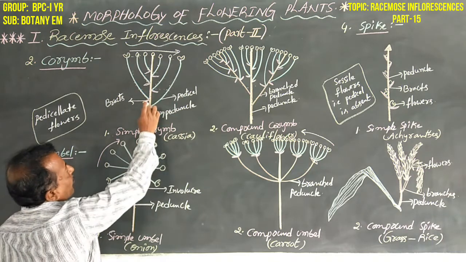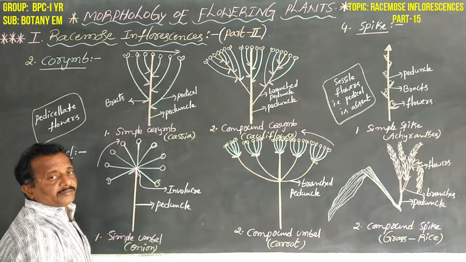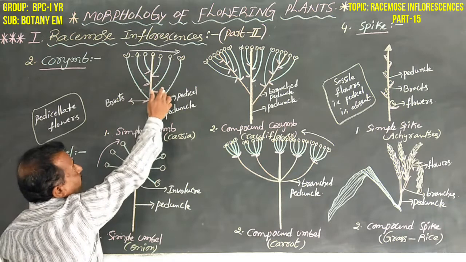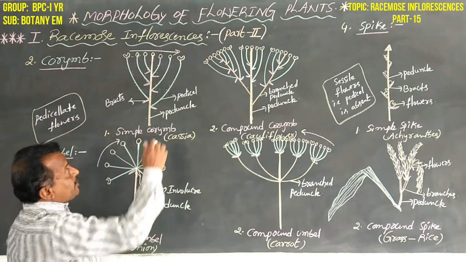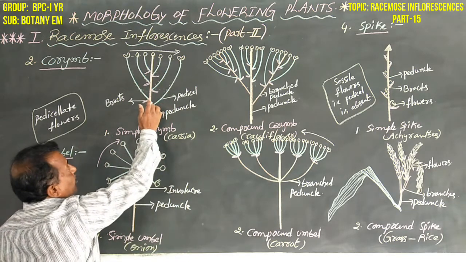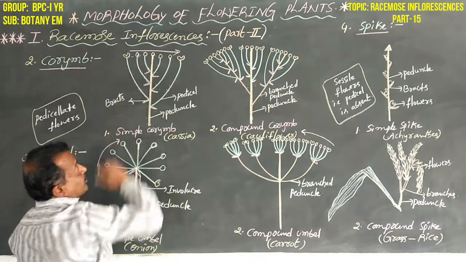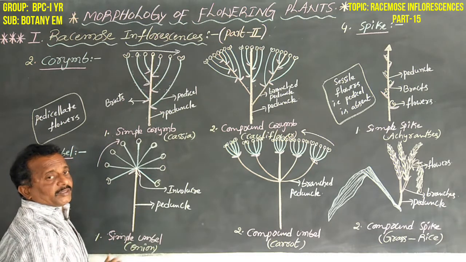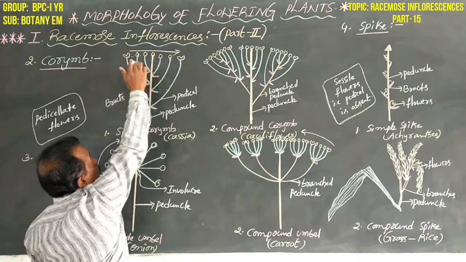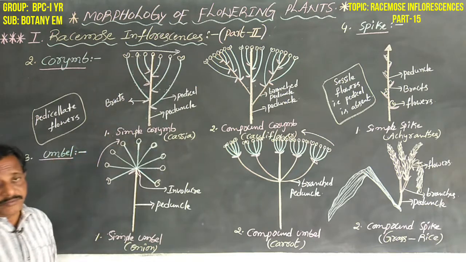In simple corymb, the peduncle is unbranched and pedicels of different lengths are present. These pedicels are produced at different nodes, but all the flowers are brought to more or less the same height.